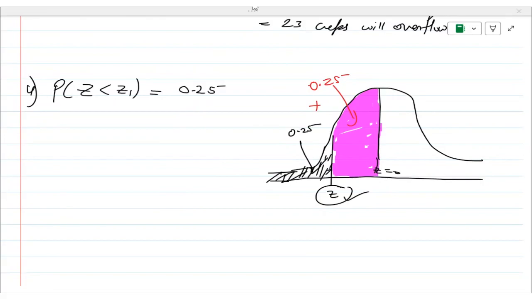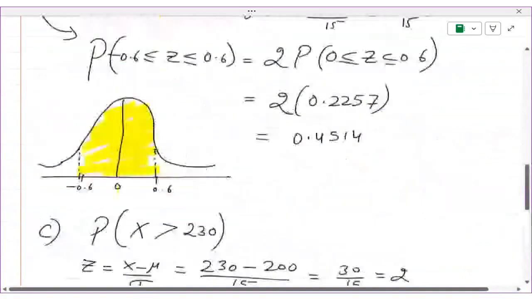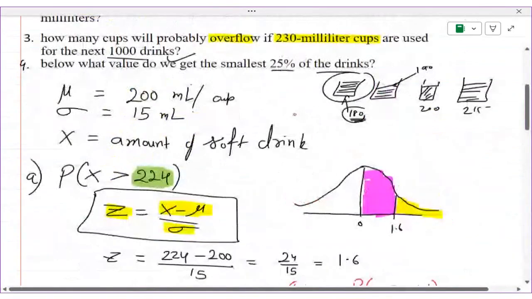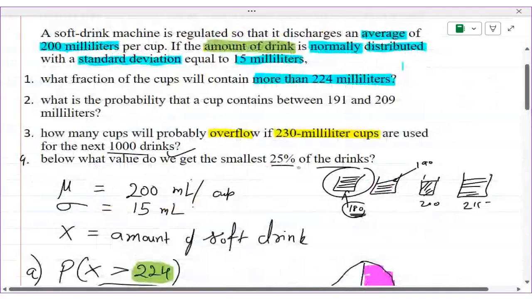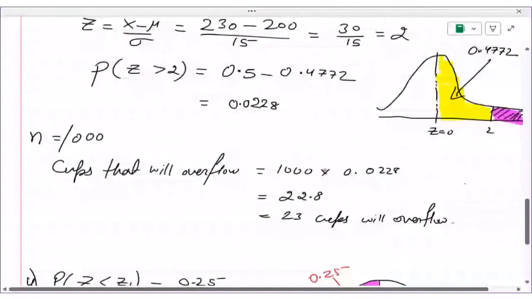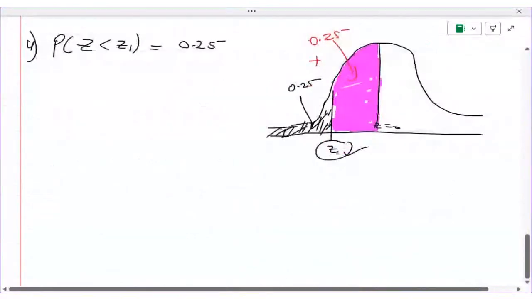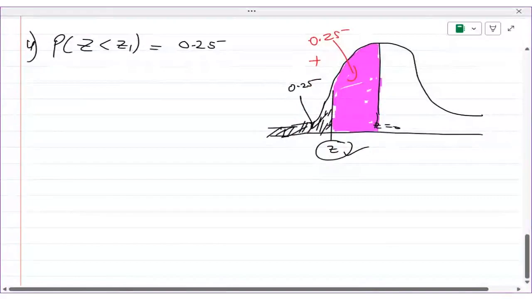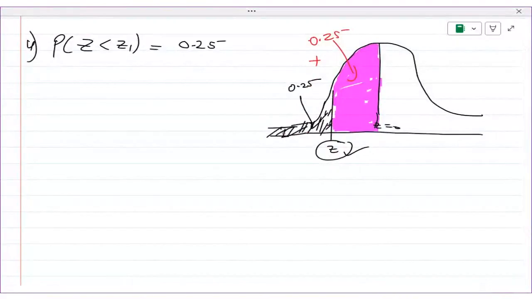Somebody told me to re-explain D part, so let me re-explain it. Below what value do we get the smallest 25% of a drink? First I am finding for which value of z we will get the smallest 25% probability, the value below which we have 25% probability.